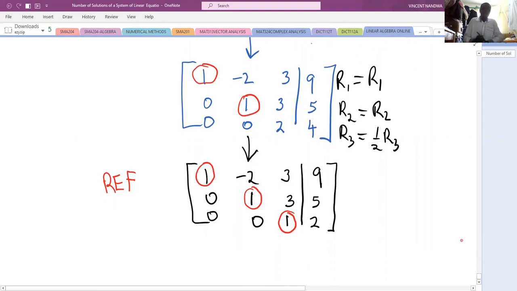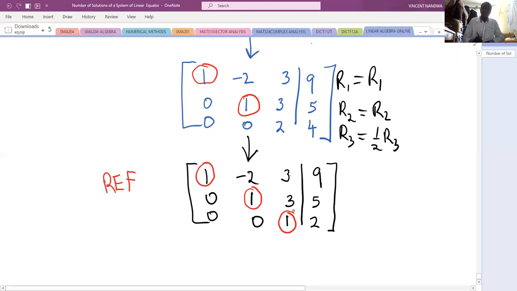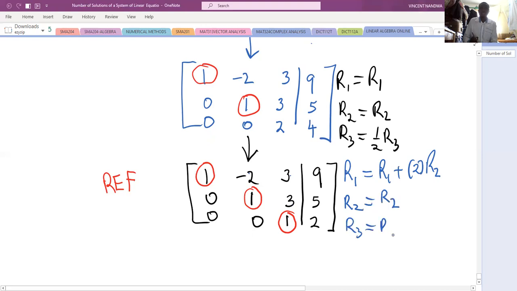But for the Gauss-Jordan elimination method, we are expected to also have this position 0, this position 0, this position 0. The first step will take care of this part here. So we say row 1 will be row 1 plus twice row 2, and row 2 stays row 2, and row 3 stays row 3 for this step.